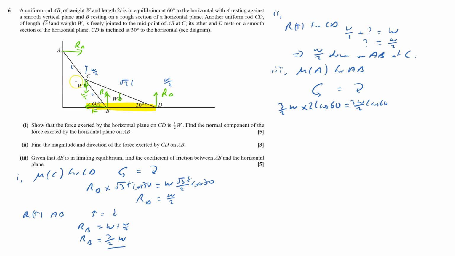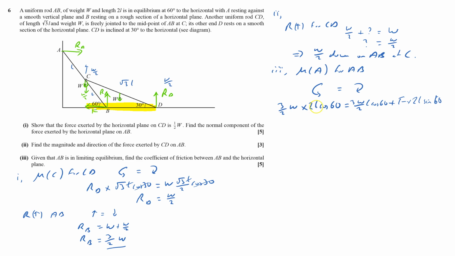I just needed to find that horizontal distance there. So it's L cos 60 plus, I've obviously got this F, so that's F times this bit here, which will be 2L sine 60.